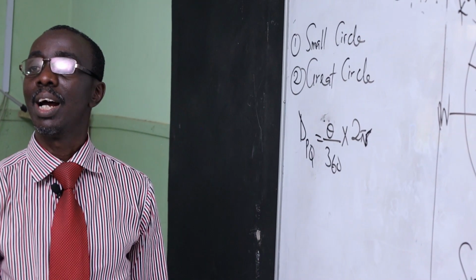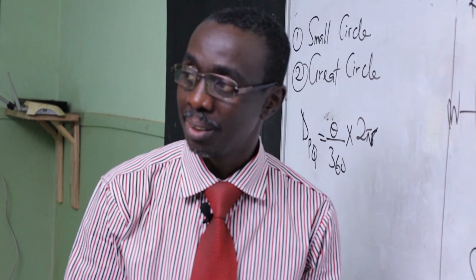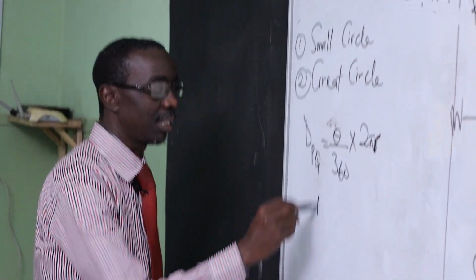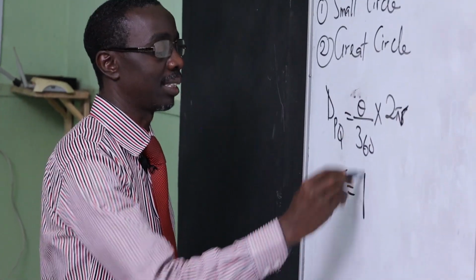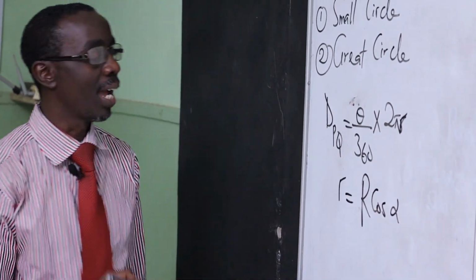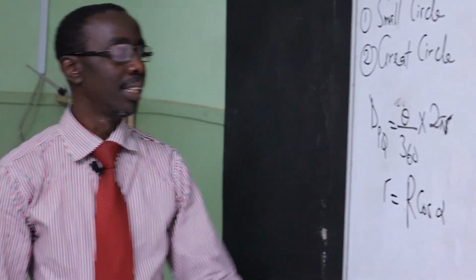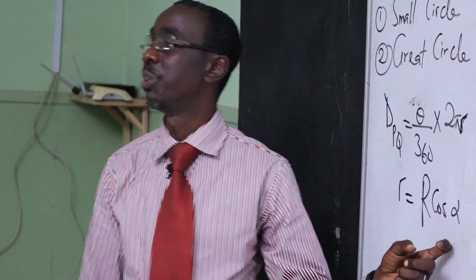If a question asks you to find the radius of the parallel of latitude, then you will know it has its own formula: capital R cos alpha, where capital R is the radius of the earth, and alpha is the degree of the common latitude.